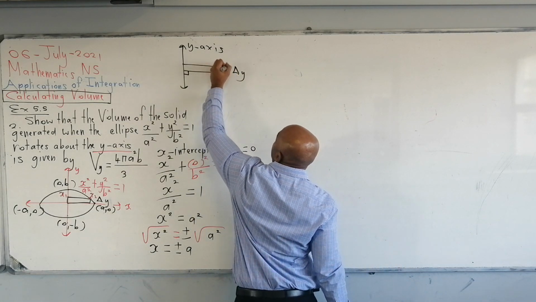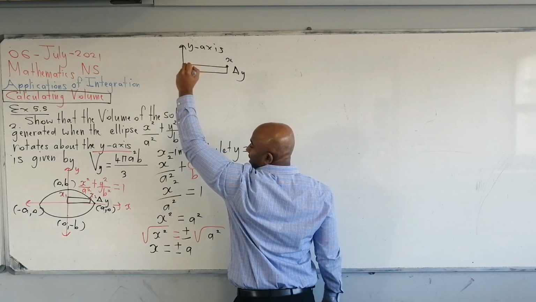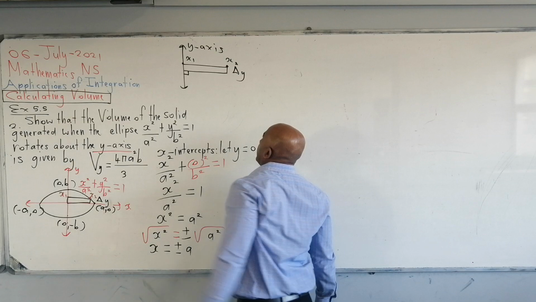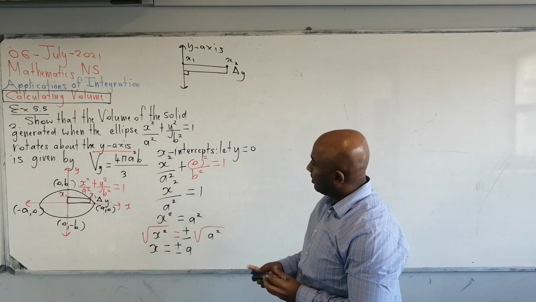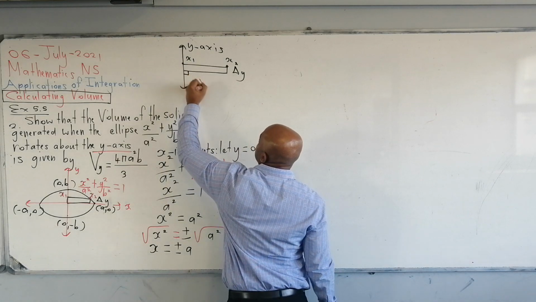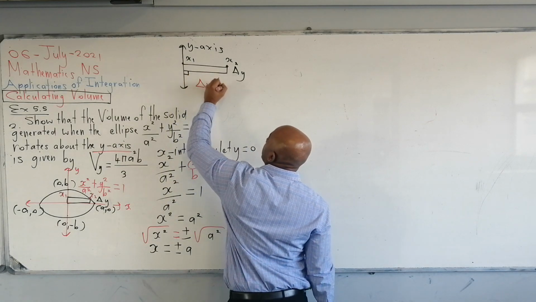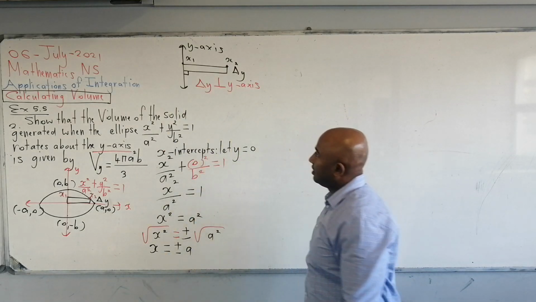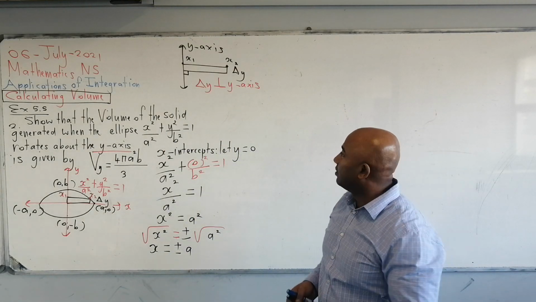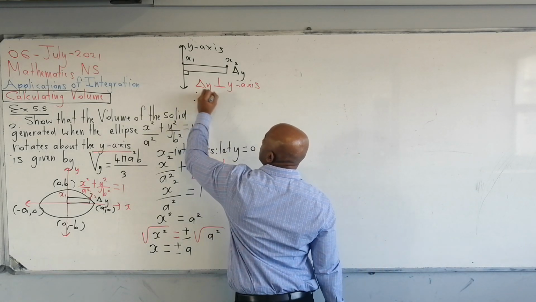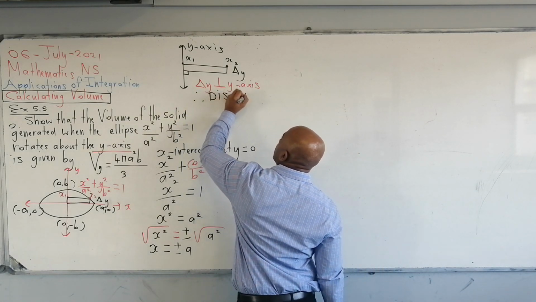That's your delta y, and I labeled that x2, x1. So we know that this delta y is perpendicular to the y-axis. That is the situation that we are dealing with. Perpendicular, so therefore, disk method.